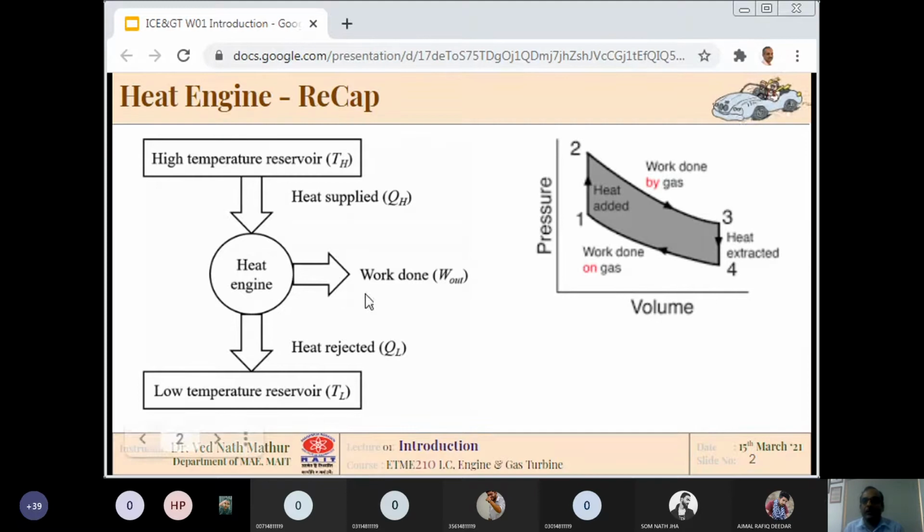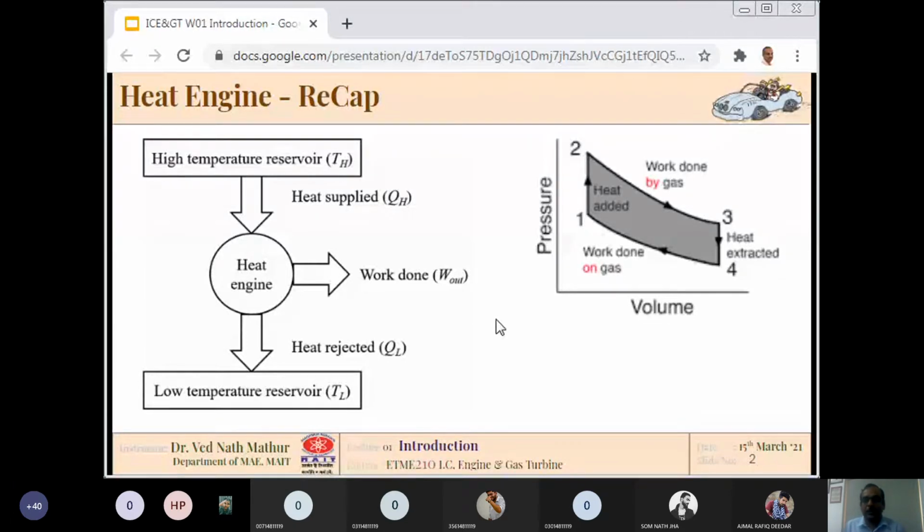The thermal efficiency of a heat engine is given by work output divided by heat input. So you can write here W out upon QH, and from first law of thermodynamics, W out is equal to the difference between heat input and heat output, so QH minus QL. So the formula for efficiency becomes QH minus QL divided by QH, or 1 minus QL by QH.